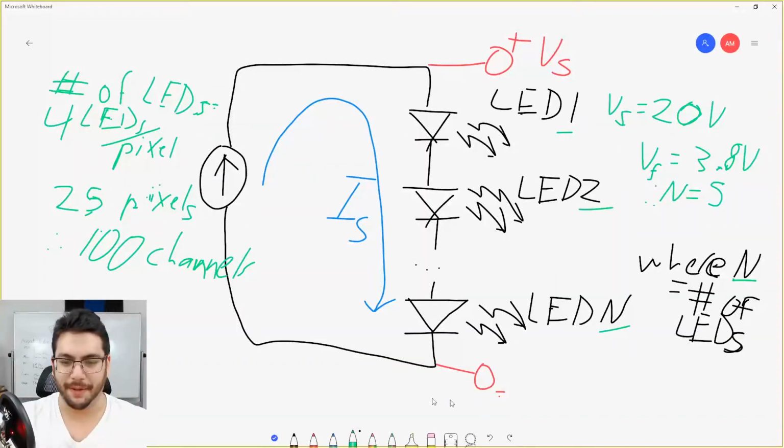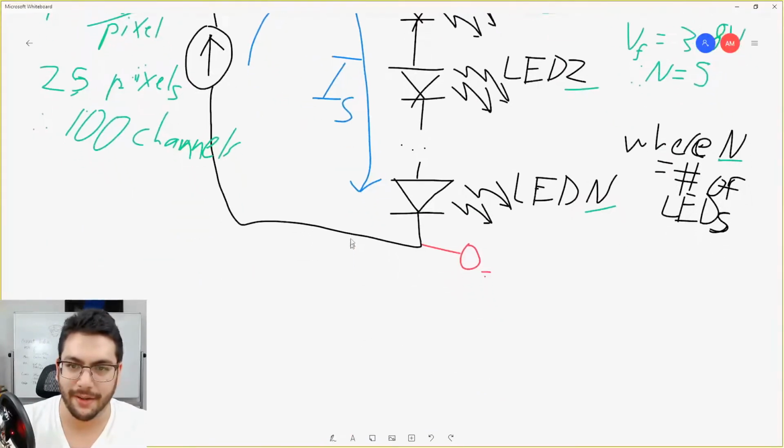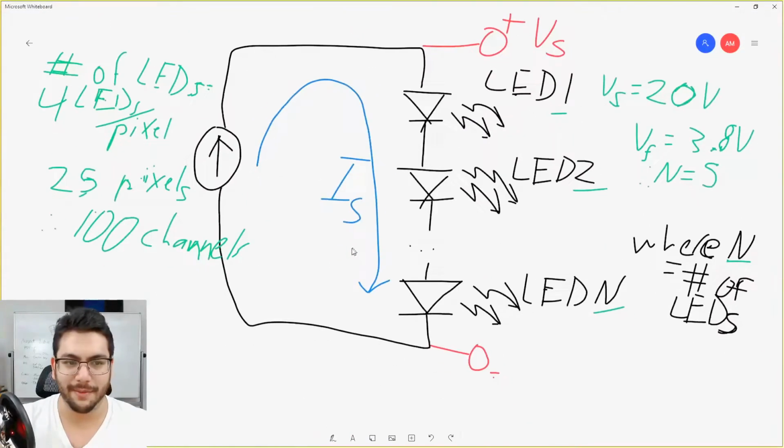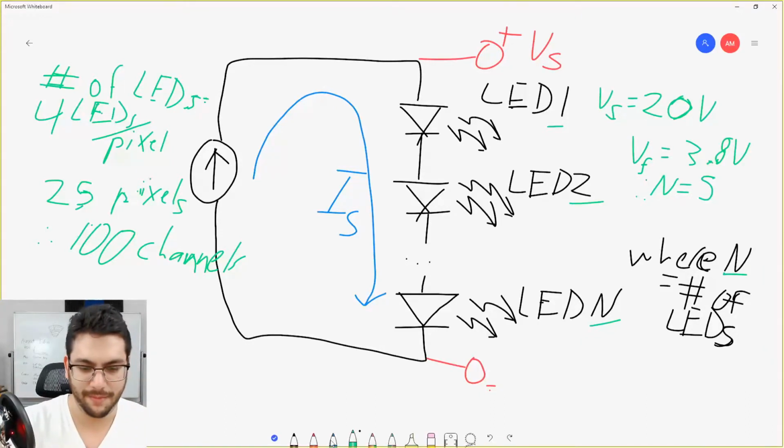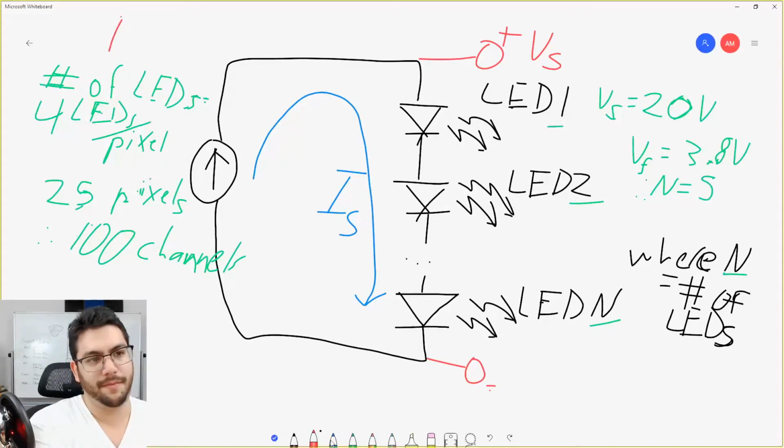So we've taken a look at this topology, right? Let's get this out of here. I'm going to call this idea number 1. I'm going to call this prop 1. The best.